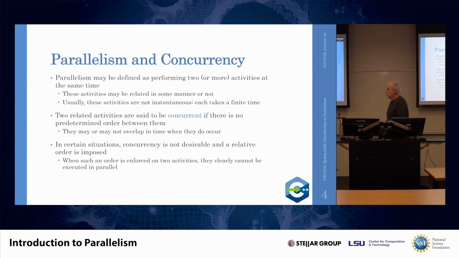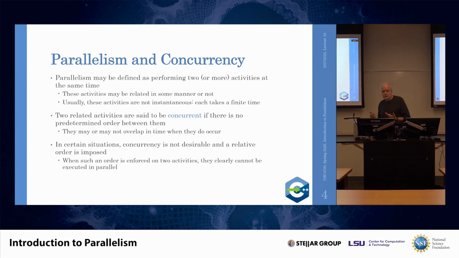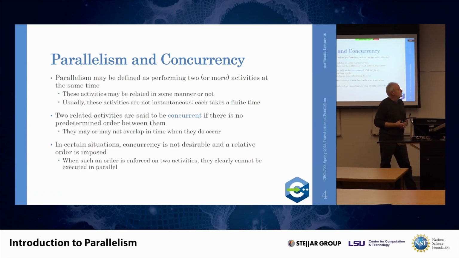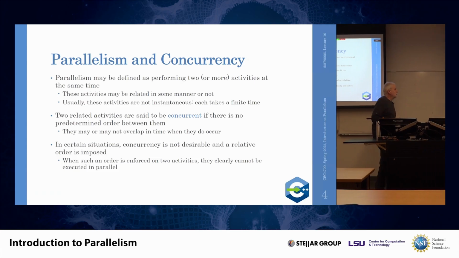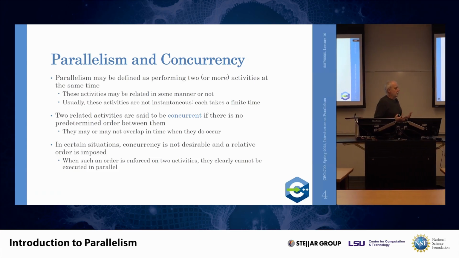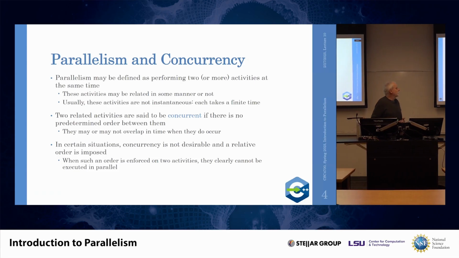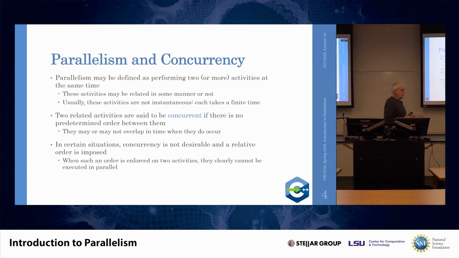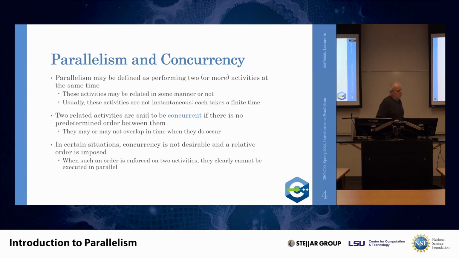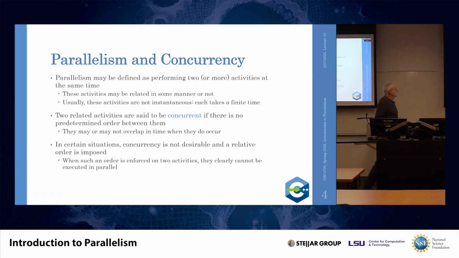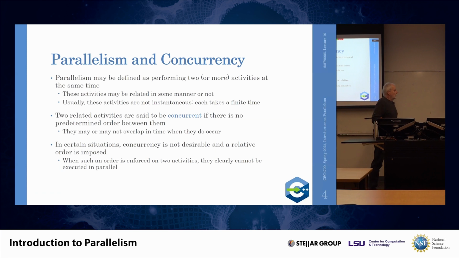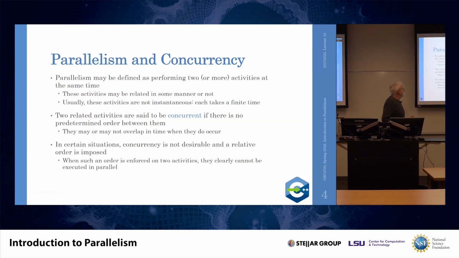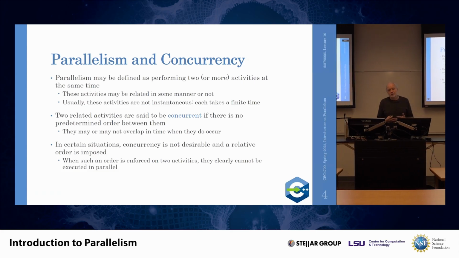So what are parallelism and concurrency? These two terms are used interchangeably most of the time, but just to get us all on the same page, let's say that parallelism can be defined as performing two or more activities at the same time. These activities may be related in some manner, or they might not be related. Two cores can do completely independent things. Two related activities are said to be concurrent if there's no order between them.